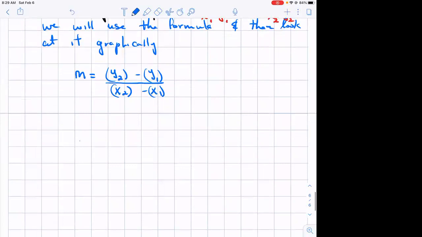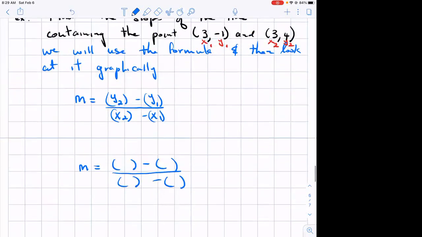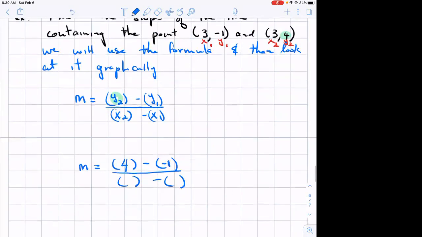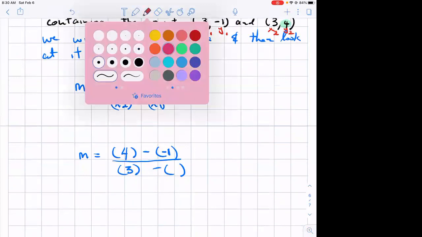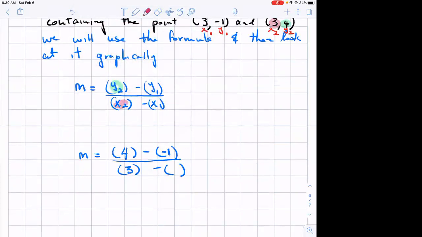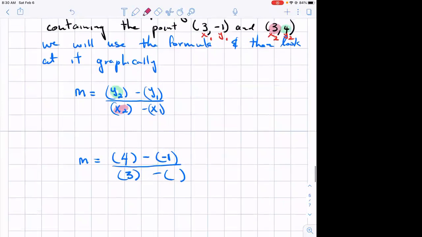Now I'm going to plug in the values. y2 is 4, y1 is negative 1, x2 is 3, and x1 is also 3.